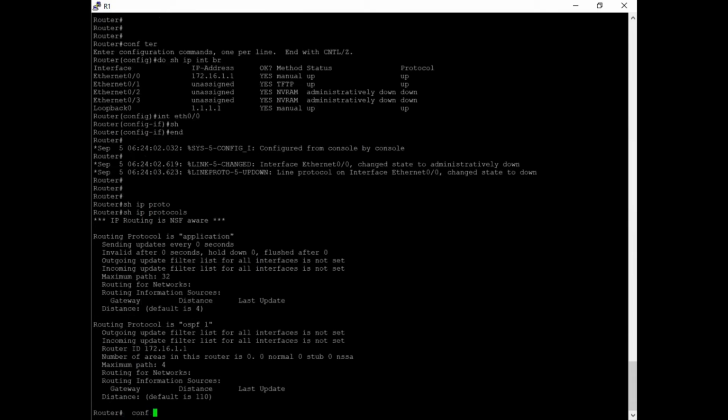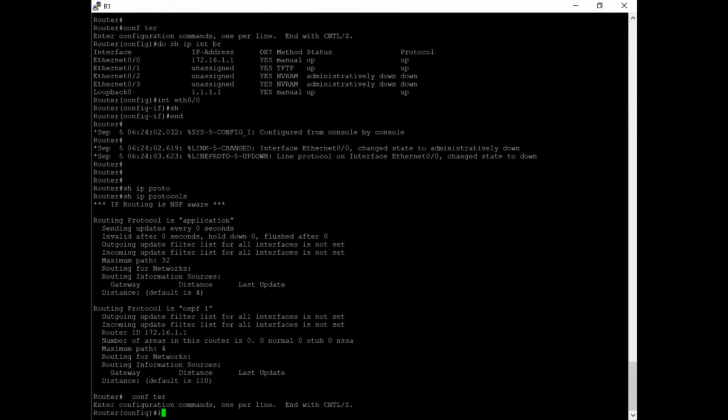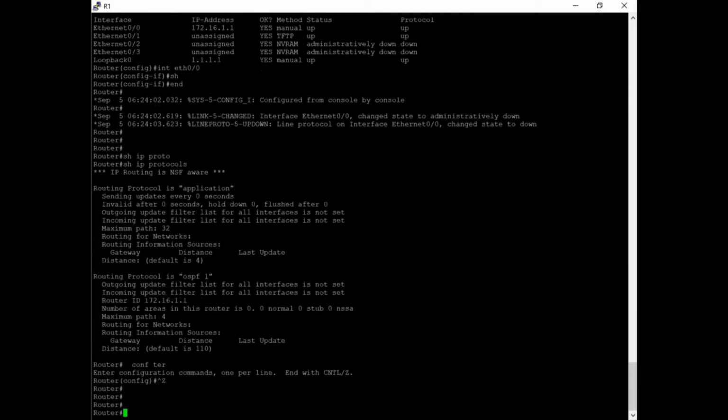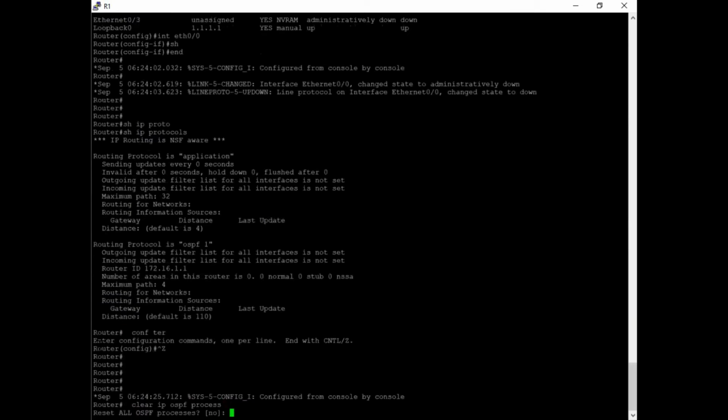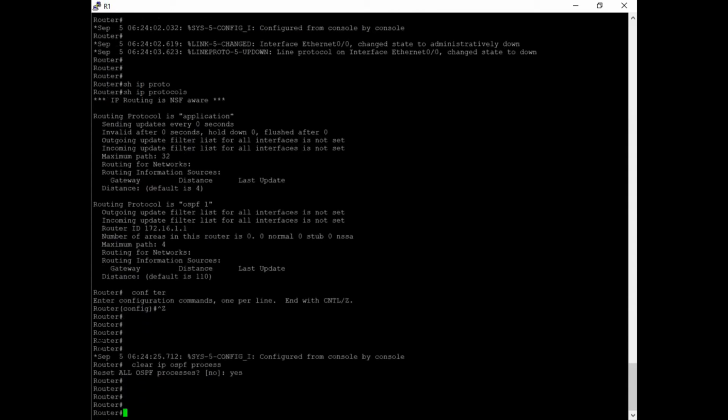Let me go to the configure terminal. Interface Ethernet 0/0. Before going there, let me do one more thing. If I clear the process, clear IP OSPF process and say yes, do you think there would be any change or no? No. Let us check.